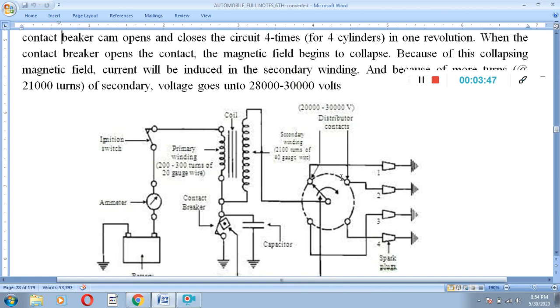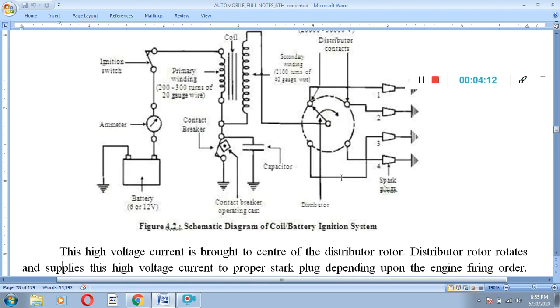When the contact breaker opens, the magnetic field begins to collapse. Because of this collapsing magnetic field, current will be induced in the secondary winding, which has many more turns, about 21,000 turns. So voltage goes up to 28,000 to 30,000 volts.